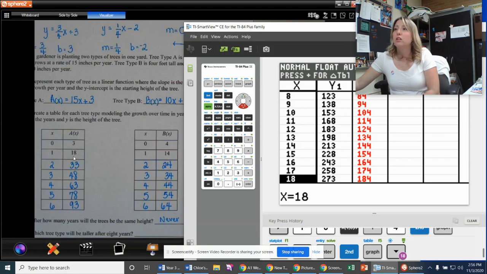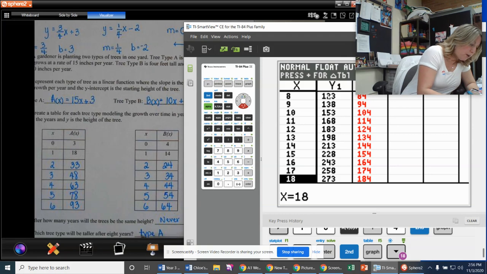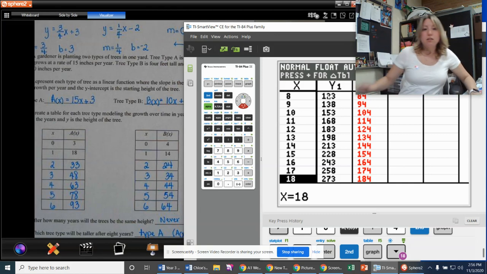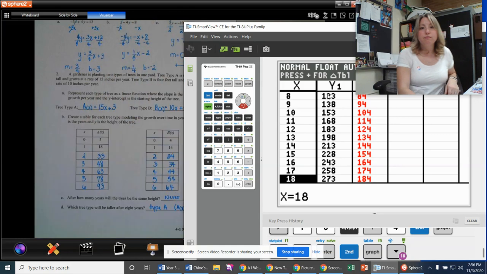So there we go. And then this one surpassed, and that was it. So type A. Tree type A, or if you want to write A of X in there, that's the tree that ends up being taller after 8 years.